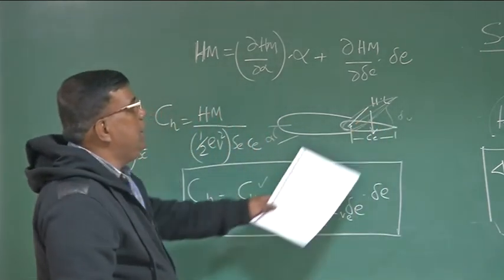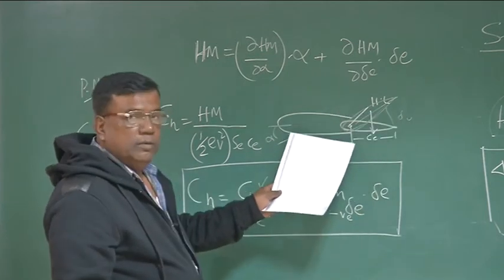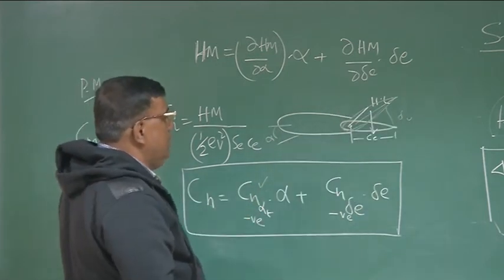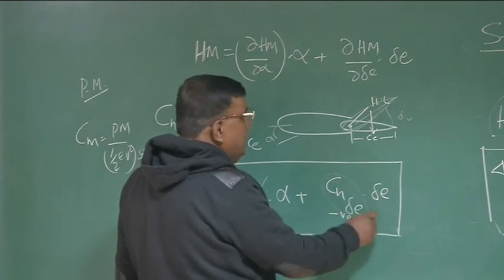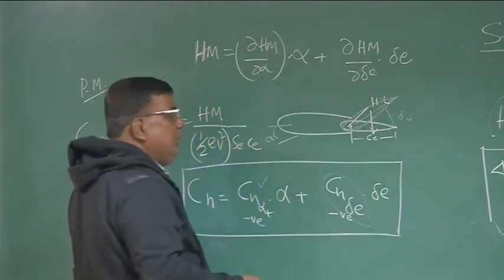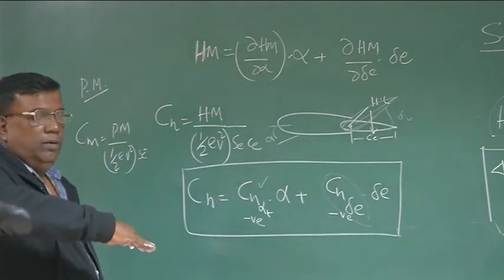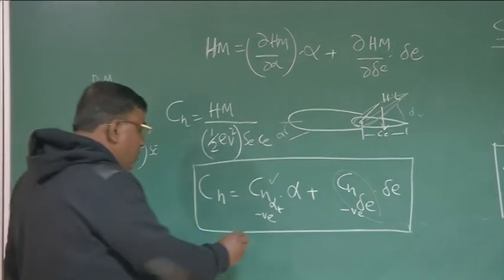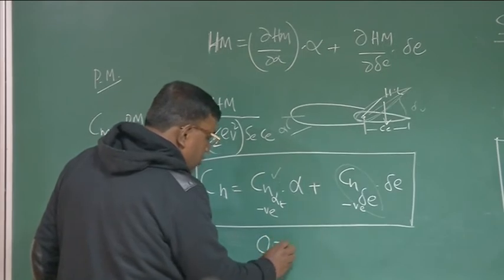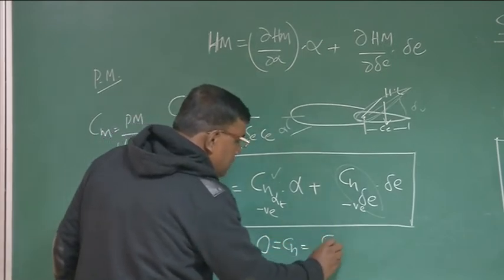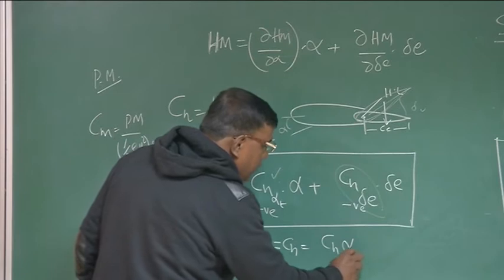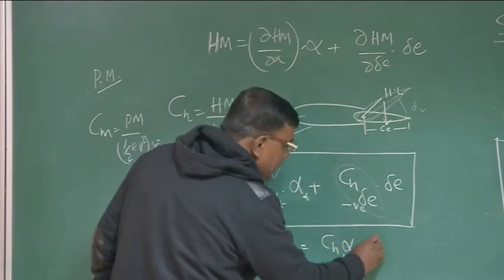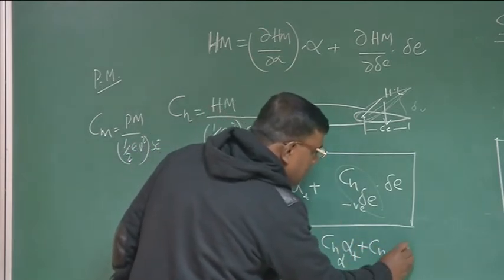For a negative delta E, it will give a positive hinge moment. That is why Ch delta E is negative. So there will be a balance between these two moments. One is trying to float, one is trying to bring it back. So there will be an equilibrium, and that equilibrium at which Ch is equal to 0 is basically Ch alpha t into alpha t plus Ch delta E into delta E.